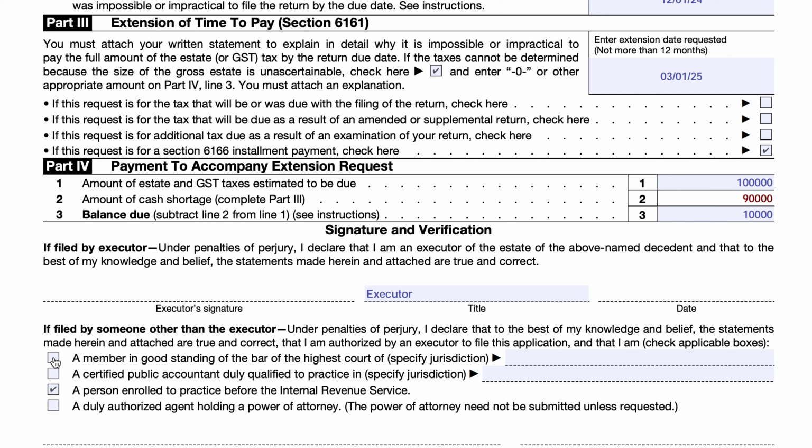So if you're an attorney, you would put the jurisdiction where you have good standing. If you're a CPA, again, you would put the jurisdiction or the state where you are qualified to practice. If you're an enrolled agent, you just click the box. If you're an agent that's holding a power of attorney, then you don't need to submit the power of attorney unless it's specifically requested from the IRS.